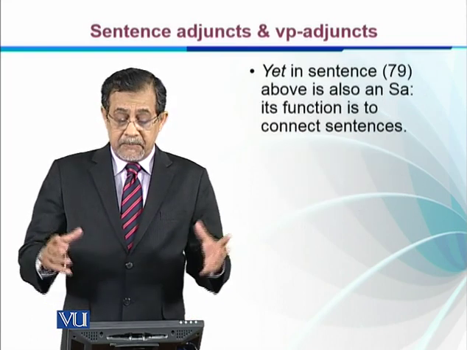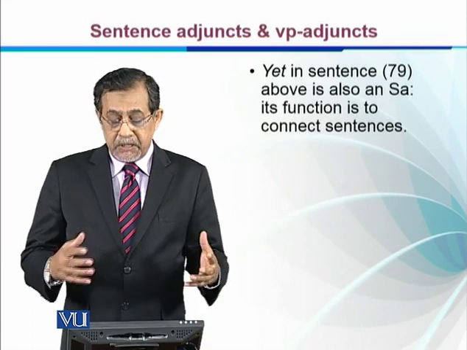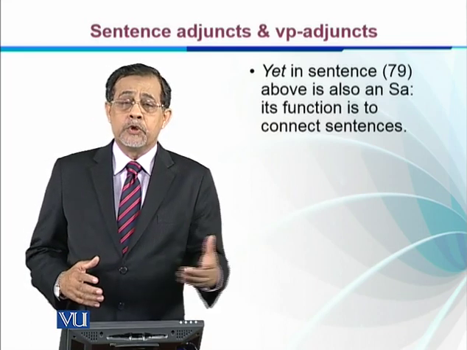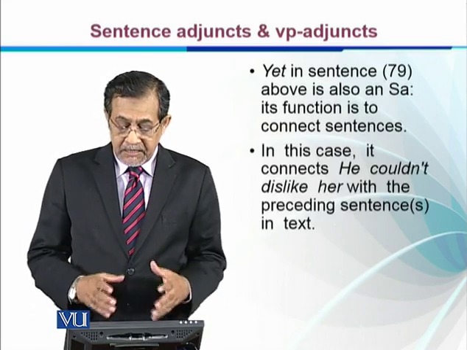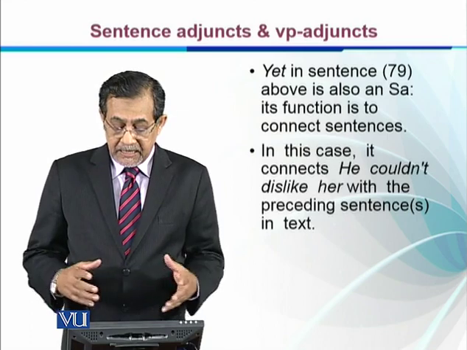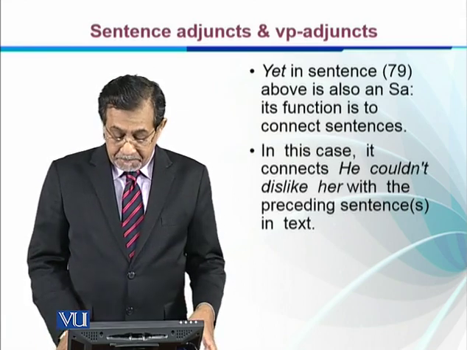Yet in the sentence above is also a sentence adjunct because its function is to connect sentences. It relates to whatever was said in the previous sentence. In this case, it connects he couldn't dislike her with the preceding sentence in the text.